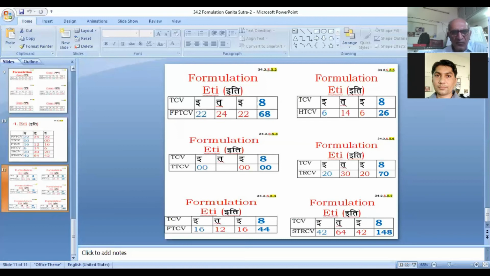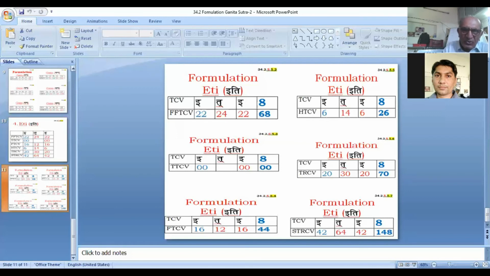The second inner fold of formulation Eti leads to 0 TTCV, 8 as TCV value of space and TTCV transcendence value being 0. Therefore, it is this second feature of this space which deserves to be comprehended well. This feature is that there happens zero transcendence within this space.